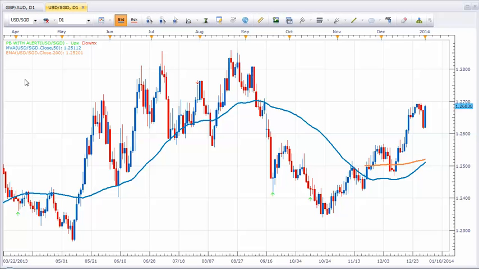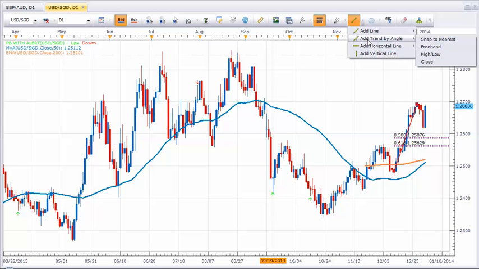US dollar, Singapore dollar. This is just going in an uptrend. What would be a Fibonacci? Let's actually look at that first in this instance. And yeah, okay, so I think we didn't really get the pullback needed to go long.